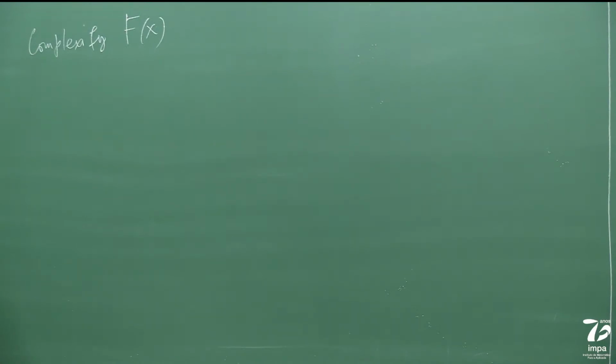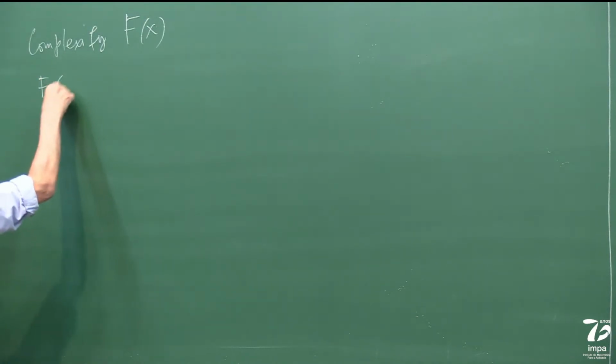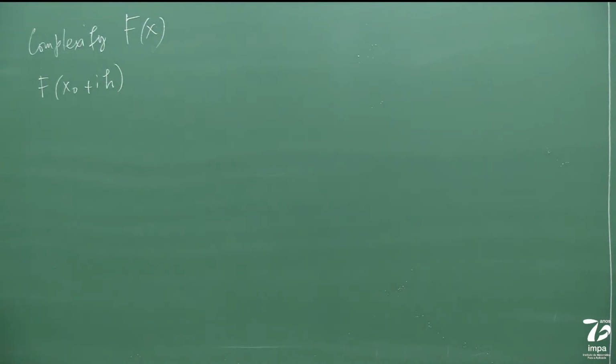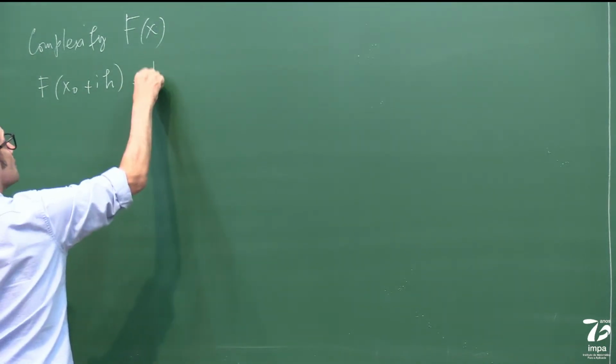That's complexifying the function. So let me just write it here: f of x0 plus ih. This is all the math, the Taylor series that they have in their paper. Simple but smart. And look what happens. Take the Taylor series.